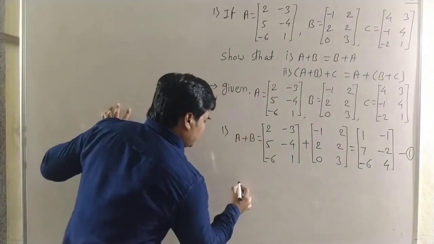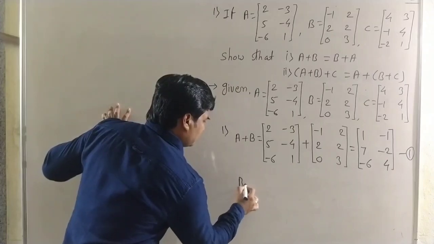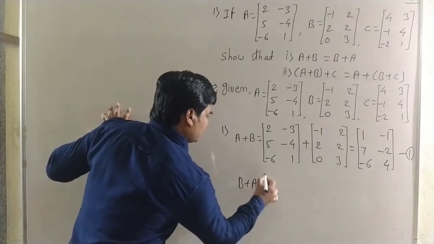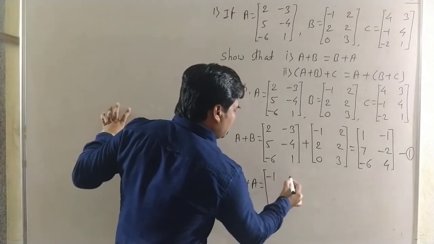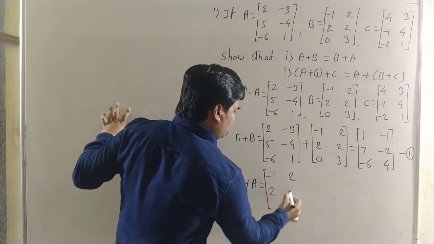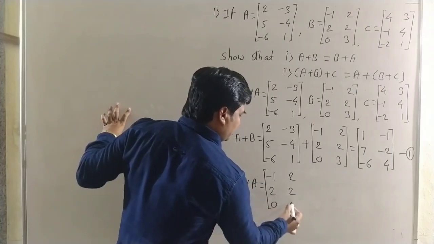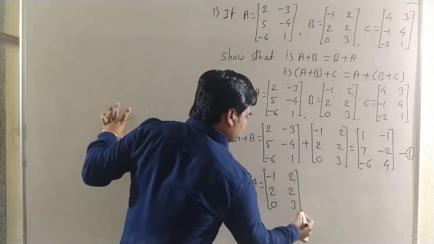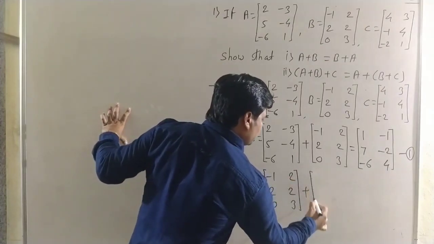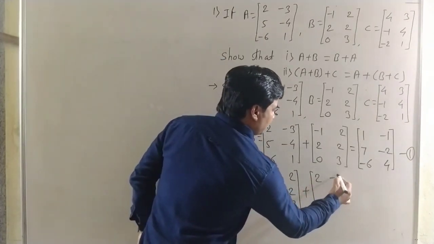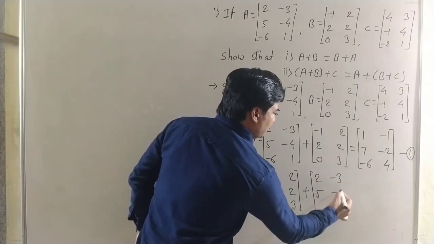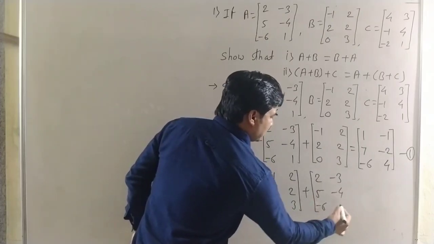Now we find B plus A. Here B is minus 1 2, 2 2, 0 3, plus A, 2 minus 3, 5 minus 4, minus 6 1.